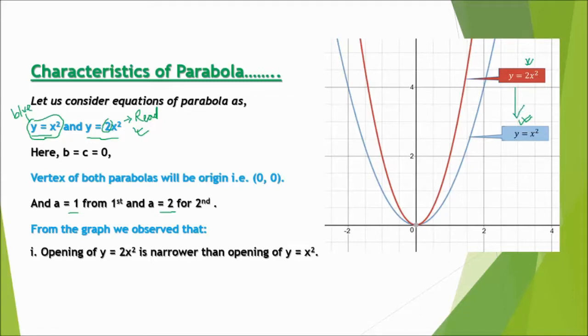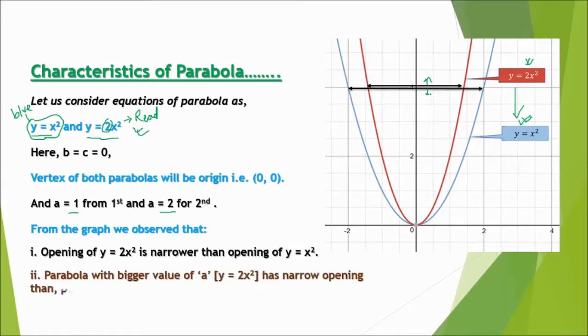So here you can see the first one is this one, and the second one is this one. So the first graph, y is equal to x square, has a wider opening, and y is equal to 2x square has a narrower opening. Now let's conclude that.